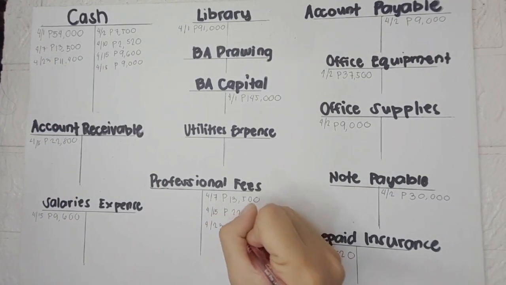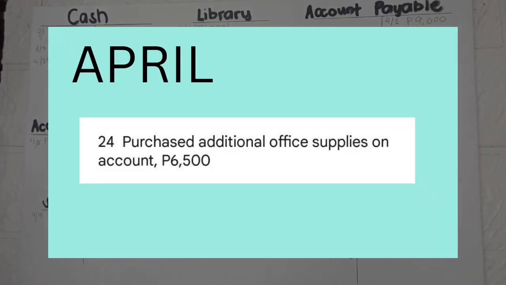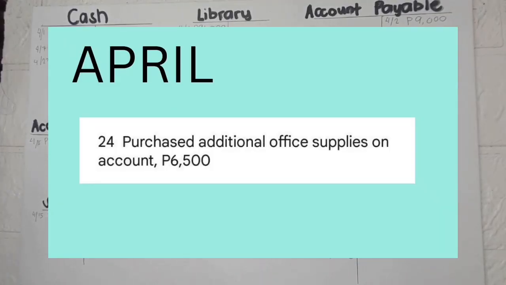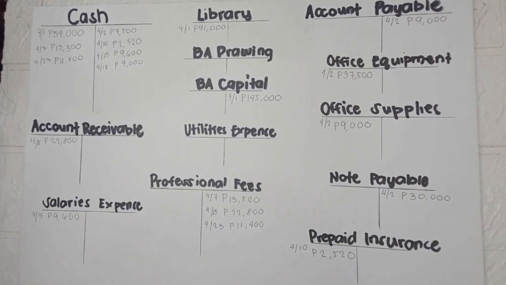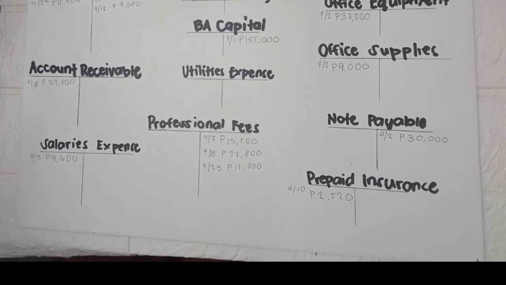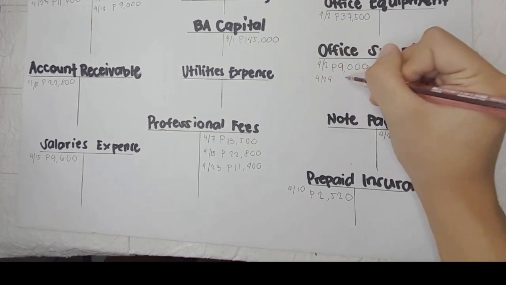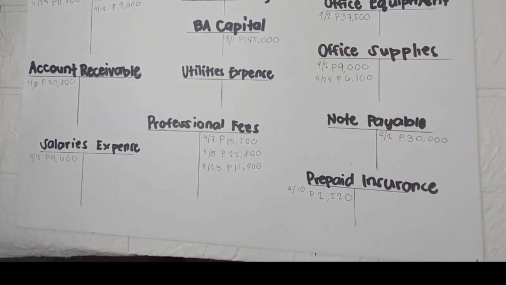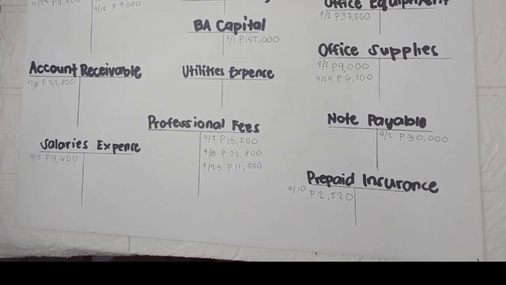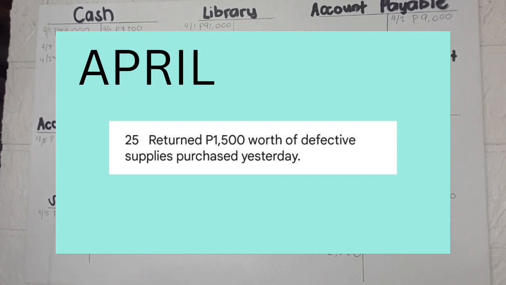On April 24, purchased additional office supplies on account, 6,500. So, the account title will be office supplies, and 6,500 will be on the debit side. On April 25, returned 1,500 worth of defective supplies purchased yesterday.